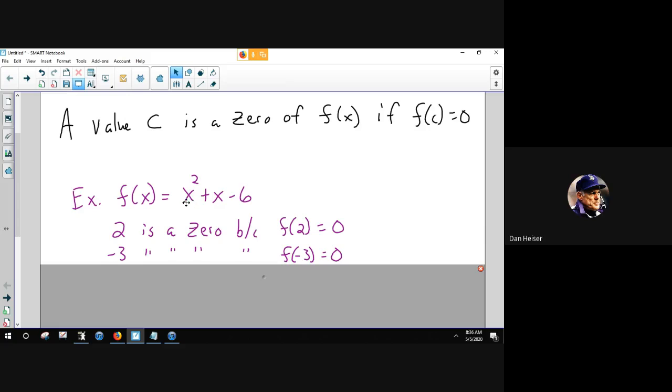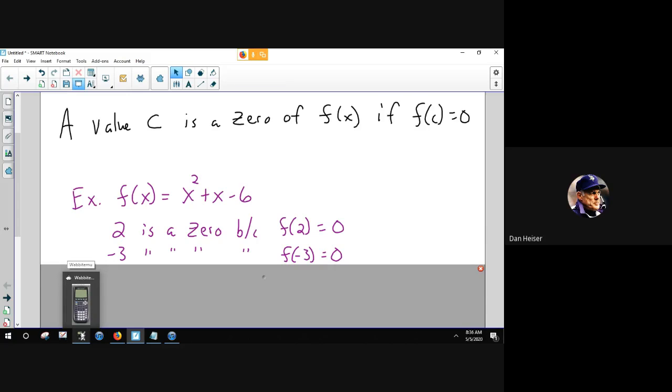Negative 3 squared is 9, plus negative 3 is 6, subtract 6, out comes 0. And for this particular function, those are the only two. Any other value that you plug in, you will not get 0.